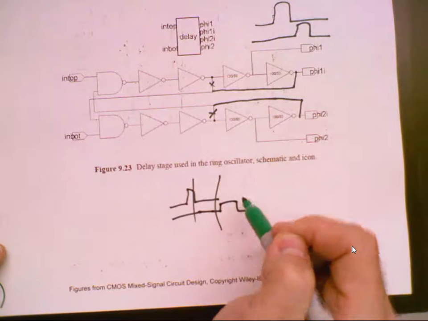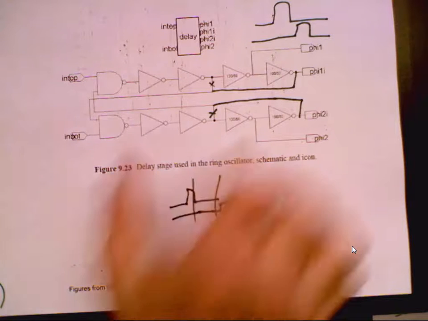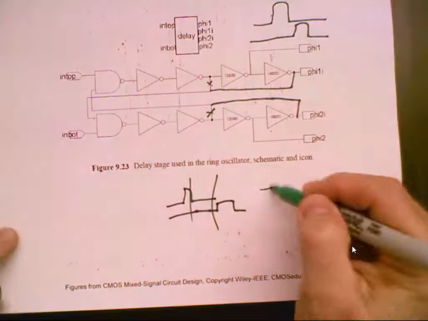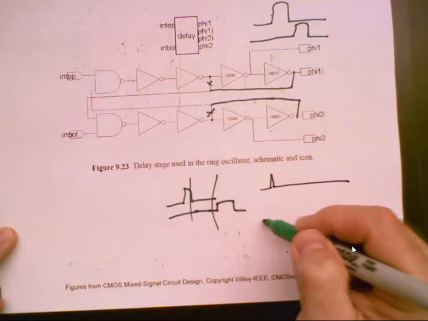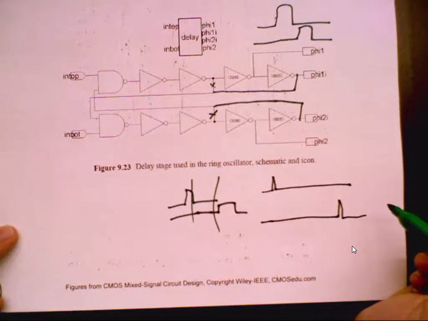So what does that do if you're trying to get 50% duty cycle? It goes the wrong way, because you keep putting more and more delay there, and you'll end up with a situation where you have something like this. But it eliminates clock skew to stick the feedback all the way at the output. So it's more decisive.